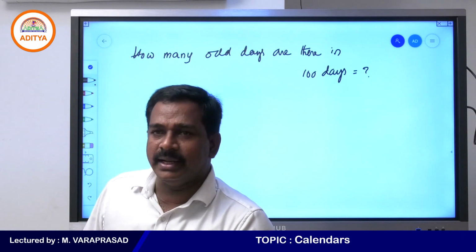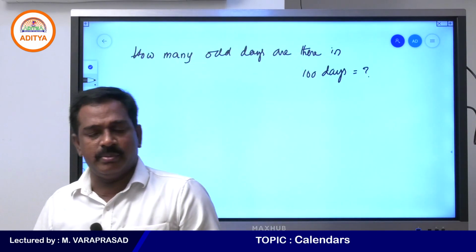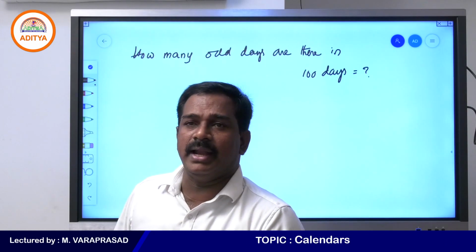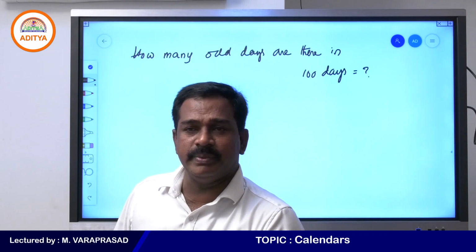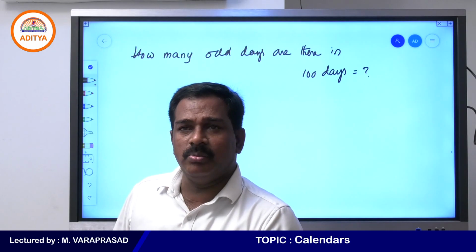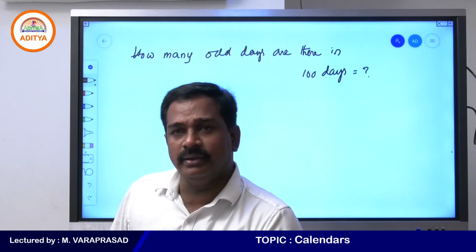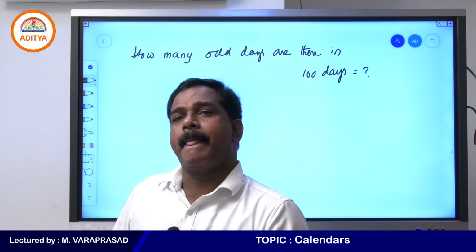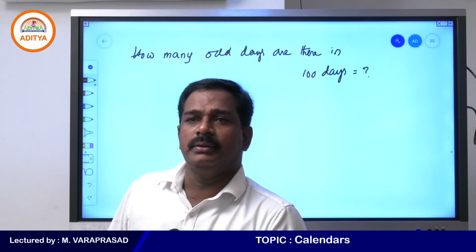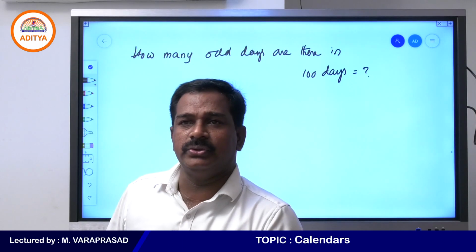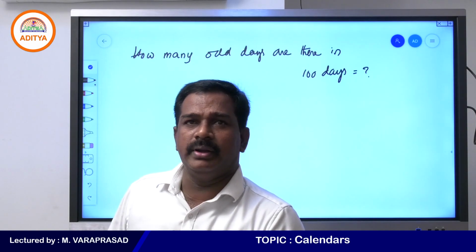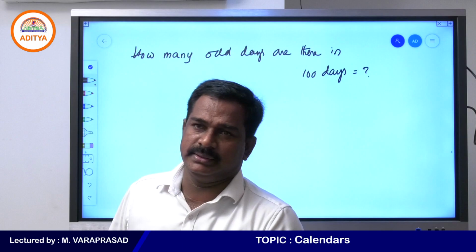Generally we can call them extra days or remaining days, but there is a separate name in the calendar: odd days. Yes, very good. How many odd days are there in 100 days?